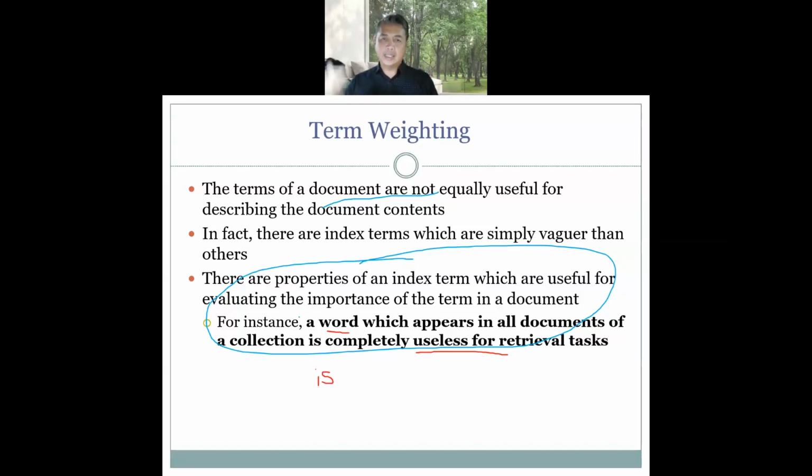So meaning that if you have one word that exists in all of the documents, we cannot use that word to differentiate them, right? Because they appear in all documents. So how can we use that word in order to differentiate the documents? So there is a way to solve this problem. How do we not count that word to be part of the calculation?